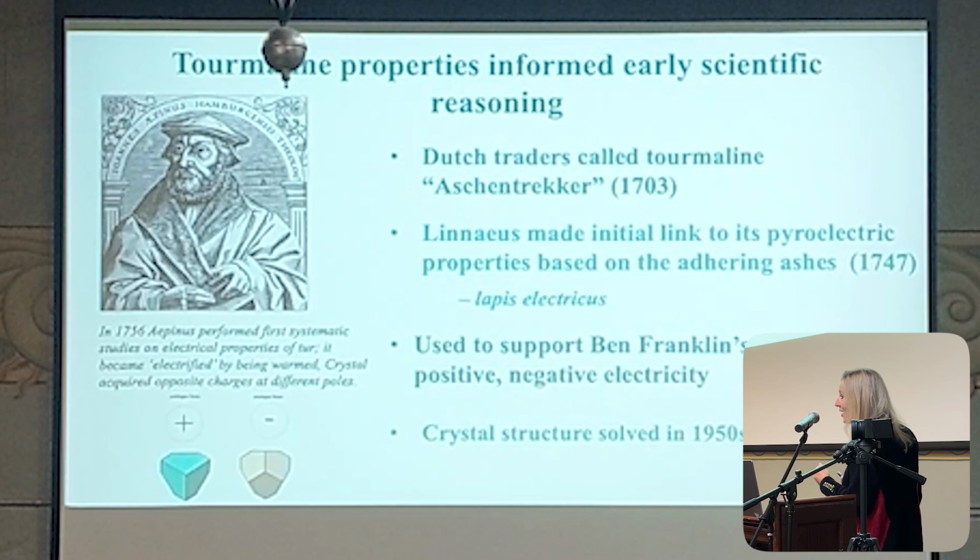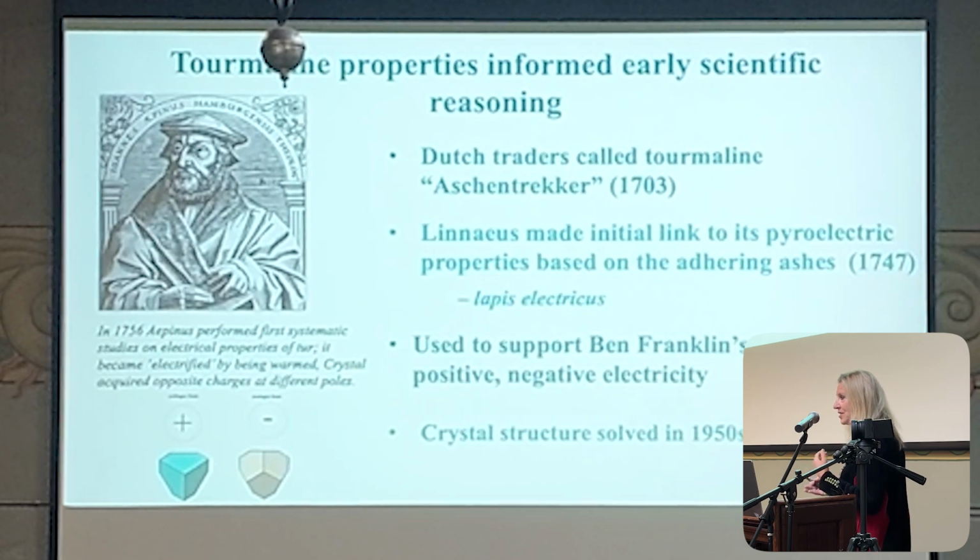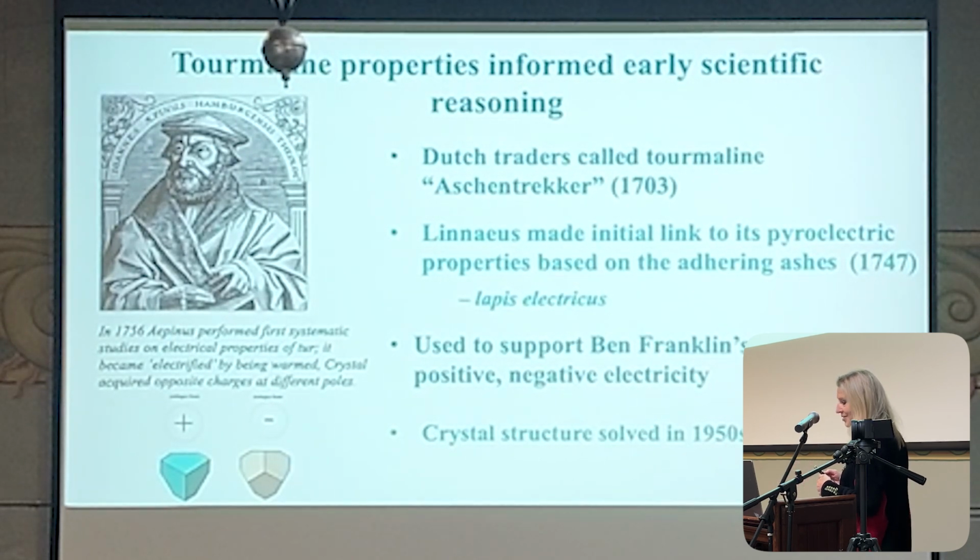And this was then used a few years later by Ben Franklin to underscore and support his theory of electricity, of both positive and negative electricity. And then, of course, tourmaline was forgotten for another few centuries, and the crystal structure was solved in the 1950s, and then we had an explanation as to why it had these somewhat unusual electrical properties.